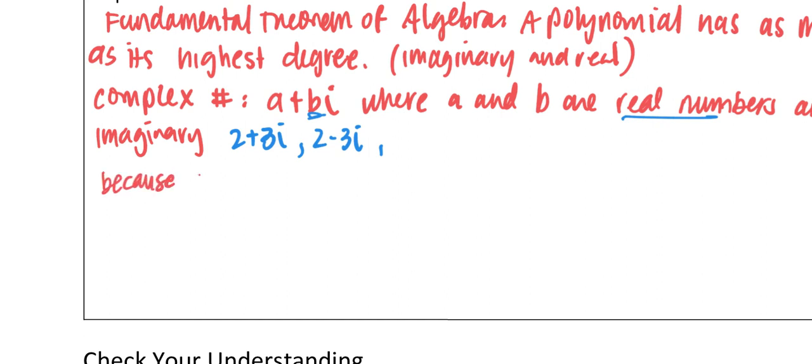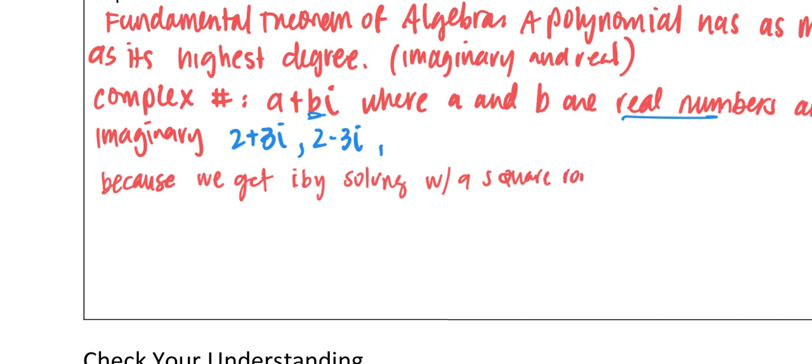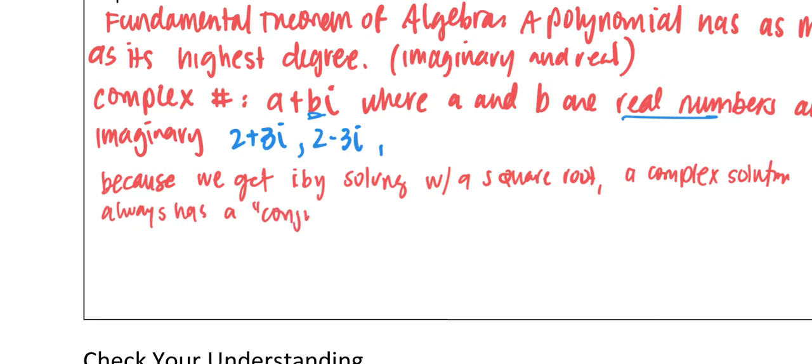Because we get i by solving with a square root, a complex solution always has a conjugate pair.